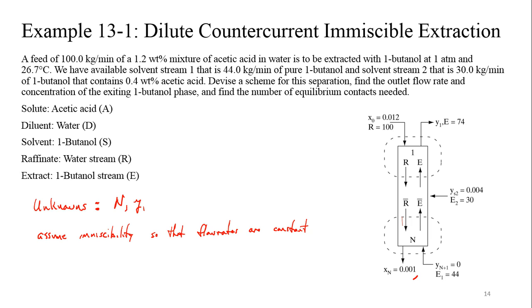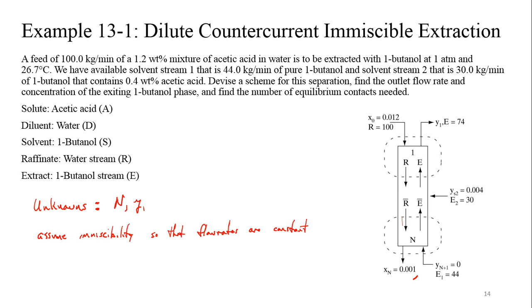This problem, given the fact that we're feeding some solvent with some acetic acid in partway through our system, means what about the flows? There's going to be a different flow in different parts of our equipment, right? In fact, this lower portion down here, before we feed in this extra solvent, has one set of flows, and up here we have a different set of flows.